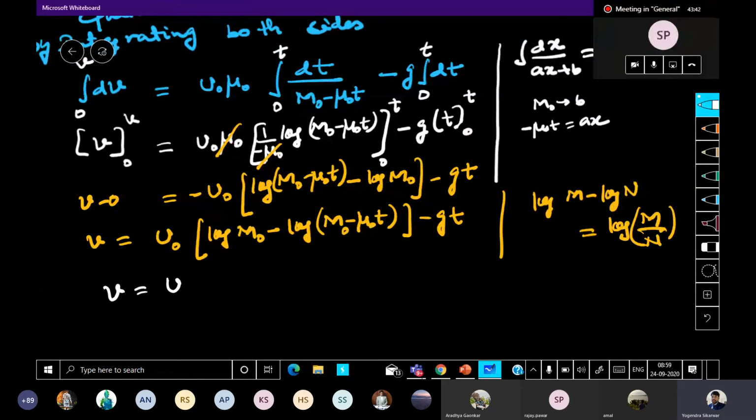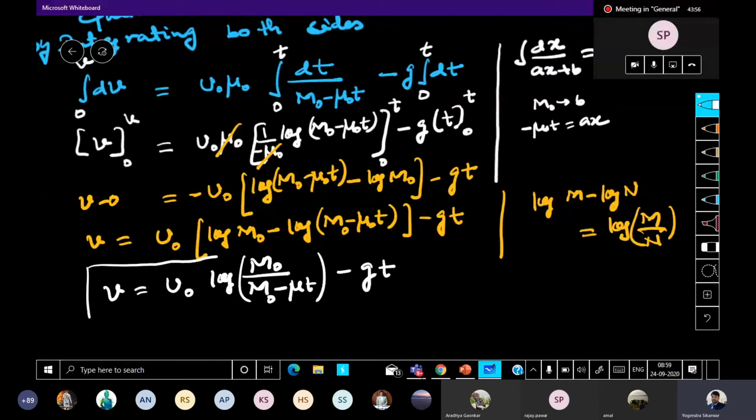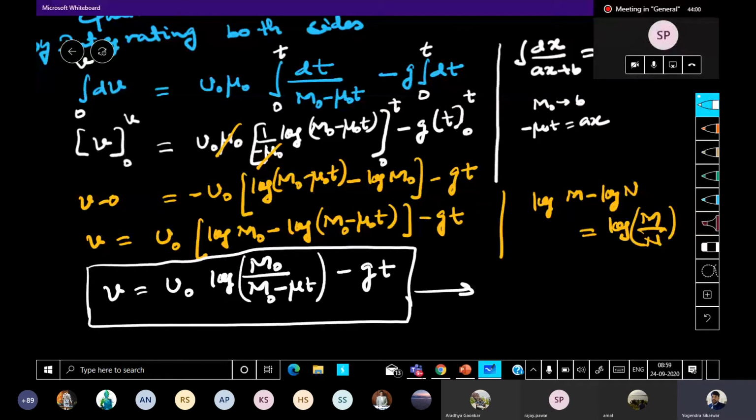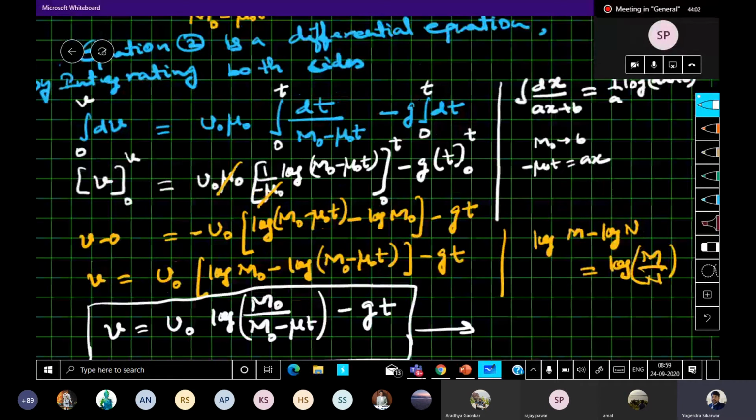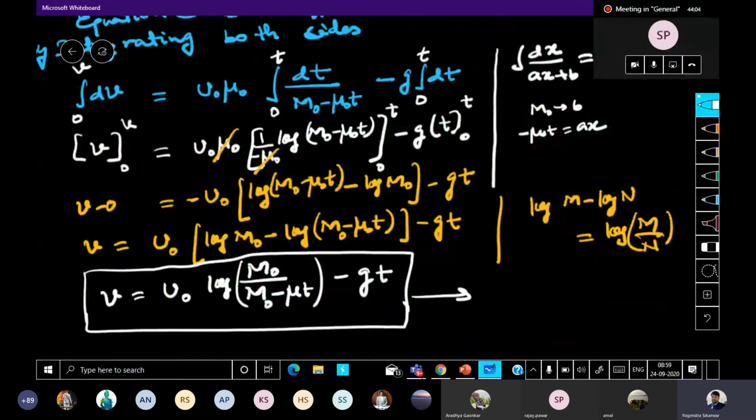So v is equal to u naught log of m naught upon m naught minus mu t, minus gt. So this formula is equation number 3. Equation 3 will give the velocity of the rocket as a function of time.